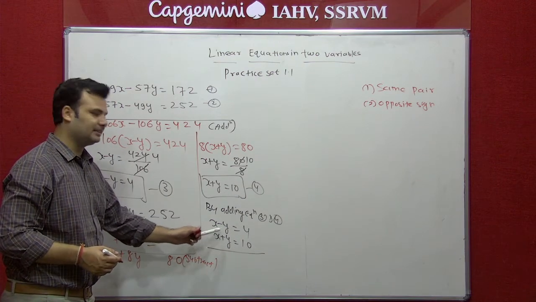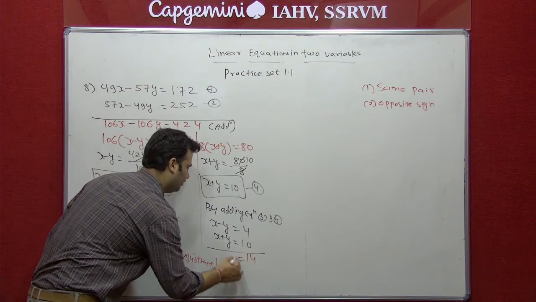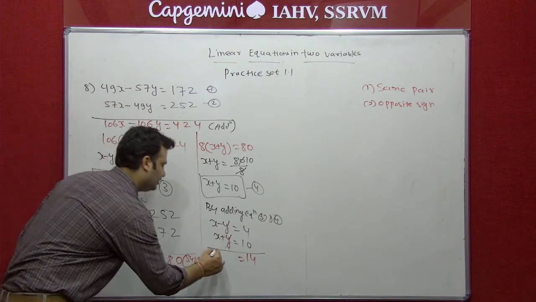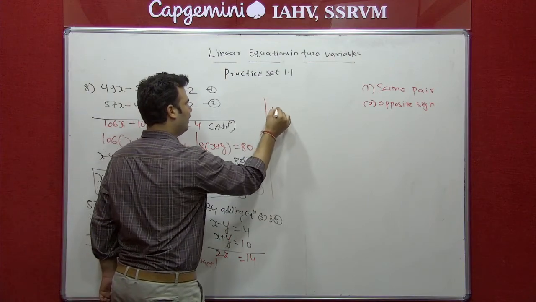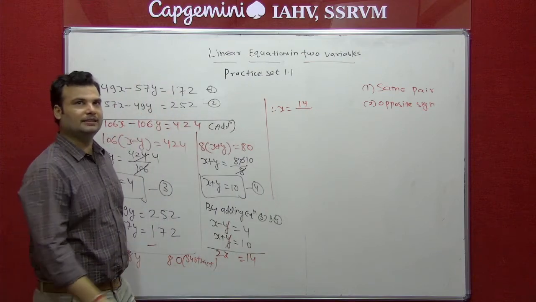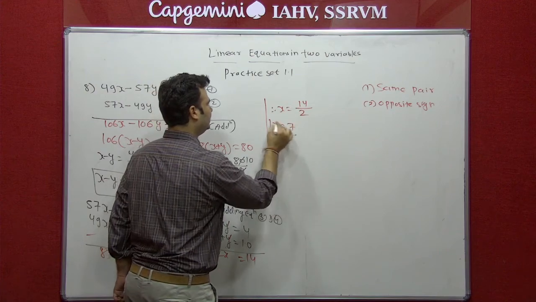Now you can see plus and minus, so they cancel. So 4 plus 10 is 14. y plus y and minus y cancel. x plus x is 2x. Now we have to find the value of x. So x will become 14 upon 2. So answer is 7. x equal to 7.